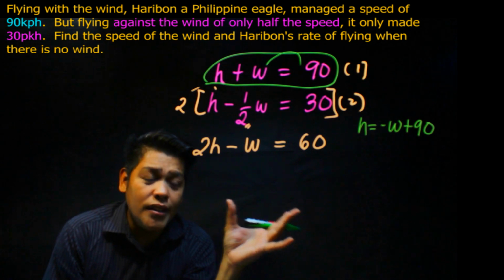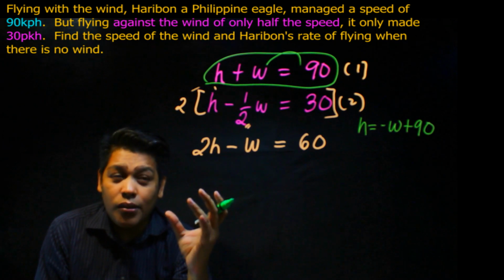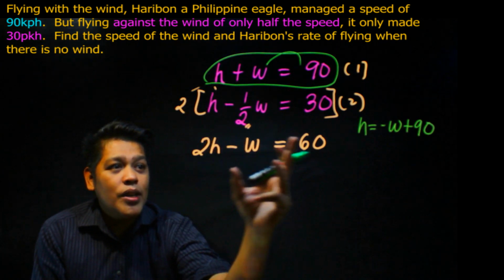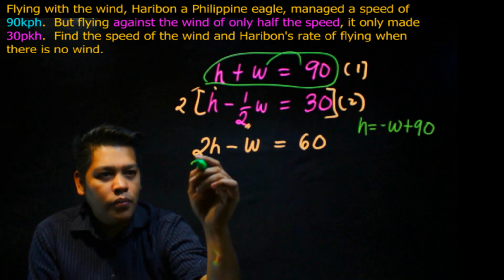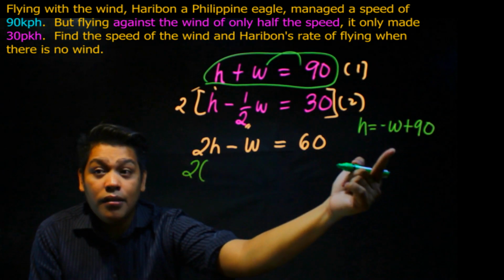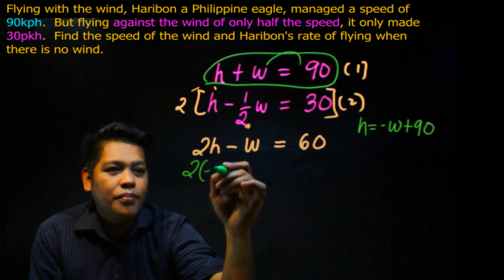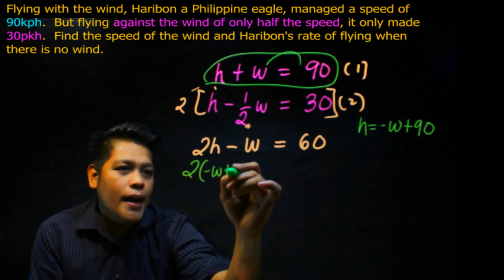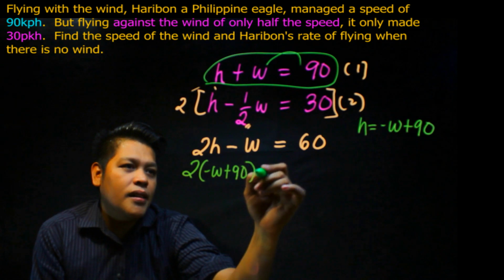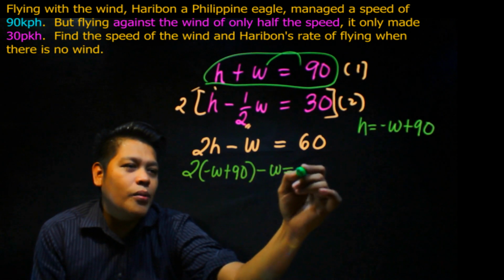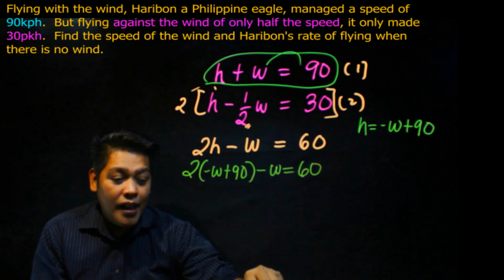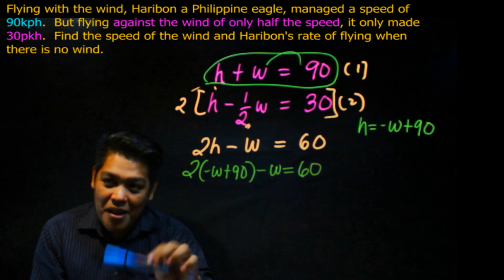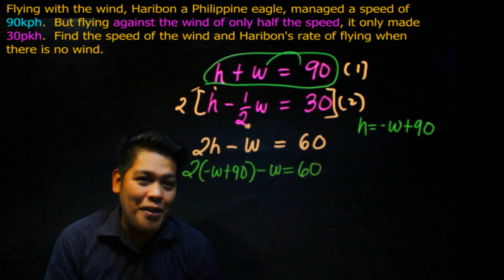So, ang gagawin natin dito is isa-substitute natin dito sa nakuha nating equation na to, yung H. So, magiging 2 times H, negative W plus 90, minus W equals 60. So, ang nangyayari dyan ay tama ang hula nyo, distributive property.